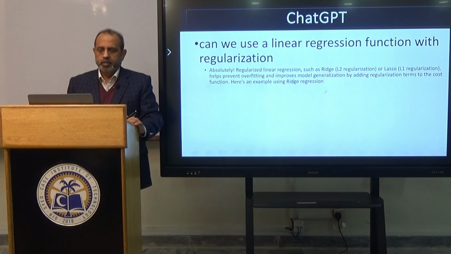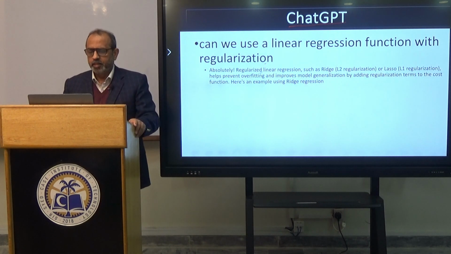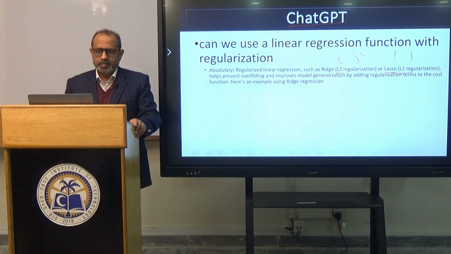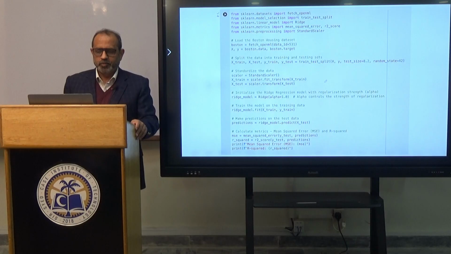Okay, so I asked ChatGPT, can we use linear regression function with regularization? And this is what it returned. Absolutely, regularized linear regression such as ridge, which is L2 mean square regularization, or L1 mean absolute lasso, helps prevent overfitting and improves model generalization by adding a regularization term to the cost function. Here is an example using ridge regression. So it said yes, I can use it, and here I'm using the ridge.